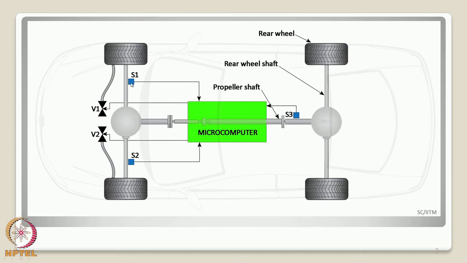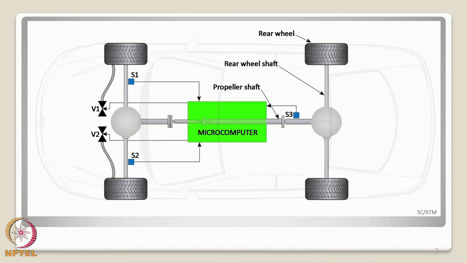The microcomputer gets information from the sensors S1, S2 and S3, and will control the opening and closing of the valves V1 and V2. So, that is the mechanical functioning of the whole arrangement for which we are going to write the FMEA worksheet now.